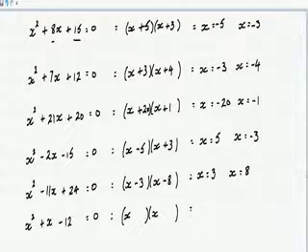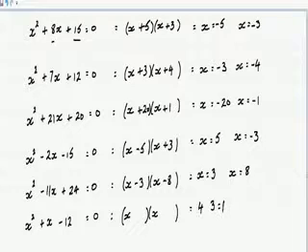Now because I know that 4 times 3 gives me 12 and 4 minus 3 gives me 1, then I know these are our numbers. So this has to equal plus 1x, so it has to equal 1.